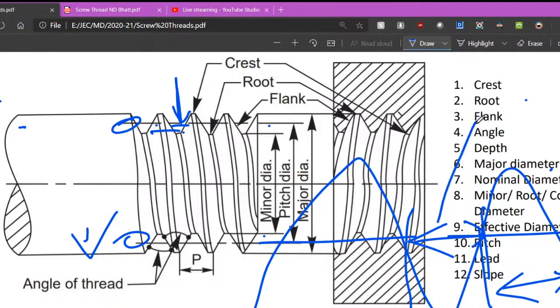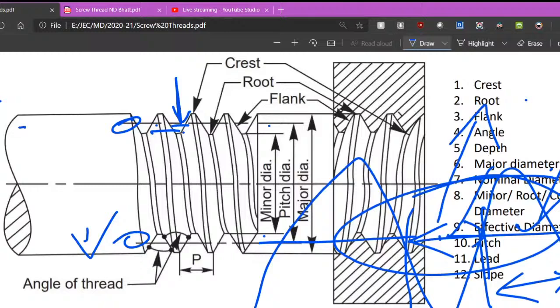Obviously there would be such a line, whether you move upward or downward. This is an imaginary line, and on that line the groove width is equal to the thread width or thread thickness.